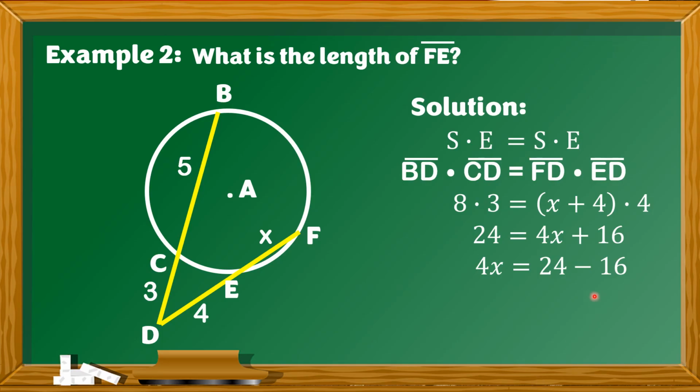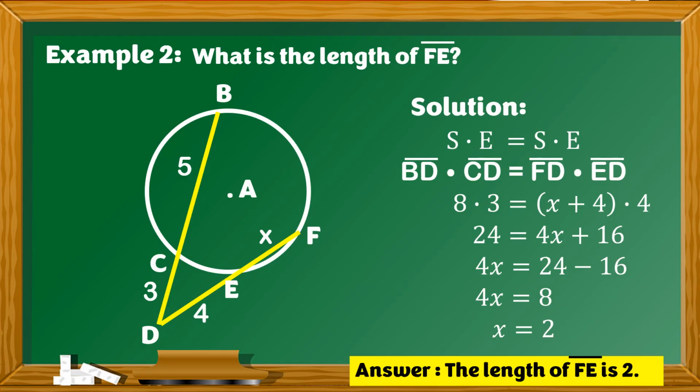Next we're going to get the difference between 24 and 16. So 24 minus 16 equals 8. After that, we're going to divide the equation by 4. So 4x divided by 4 is equal to x, and 8 divided by 4 is equal to 2. So the value of x is 2. And the final answer is the length of line segment FE is 2.